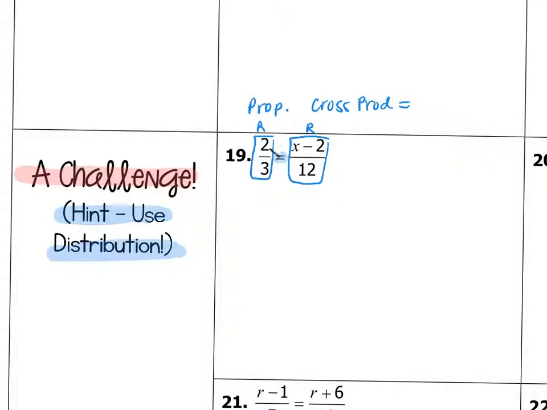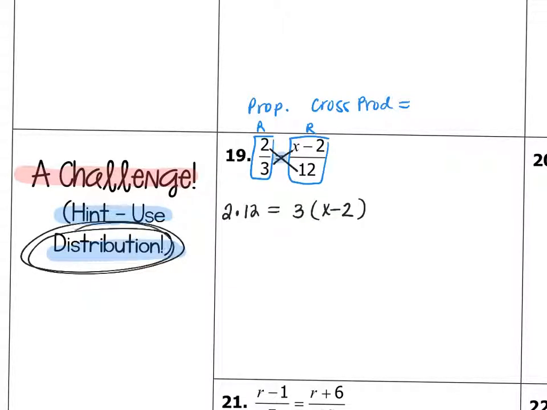So we're going to find those cross products. 2 multiplies to 12, and 3 multiplies to x minus 2, and that used distribution. So 3 does not just multiply to x, but it multiplies to all of x minus 2, so we write that as a distributive property. Now we solve using our skills from the last unit.